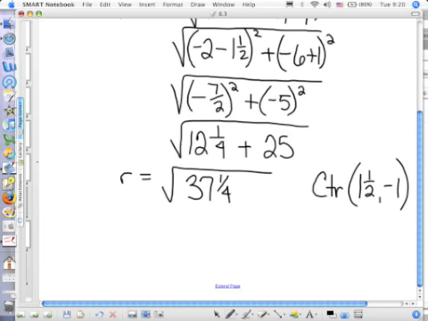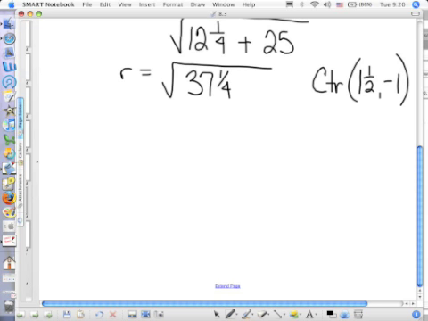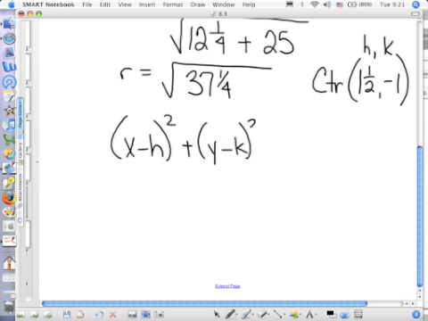All right, so our question was, what is the equation of this circle? Well, now we know what R is, we know what H is, and we know what K is. So all we've got to do is plug that into the equation. So let's go back to the equation of the circle. X minus H squared plus Y minus K squared equals the radius squared.